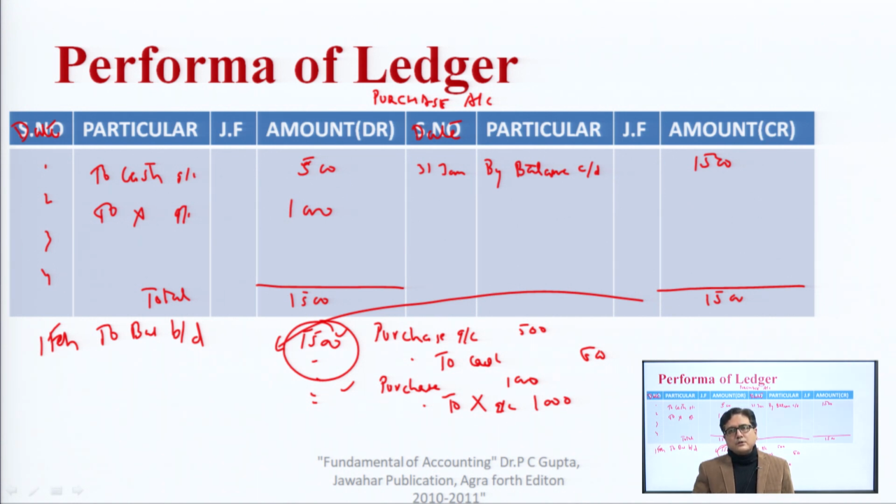So whenever we go for any kind of activity, we must think about the nature of that account. If it is cash or purchase, we just hide the purchase and write cash, and see where the cash is going.